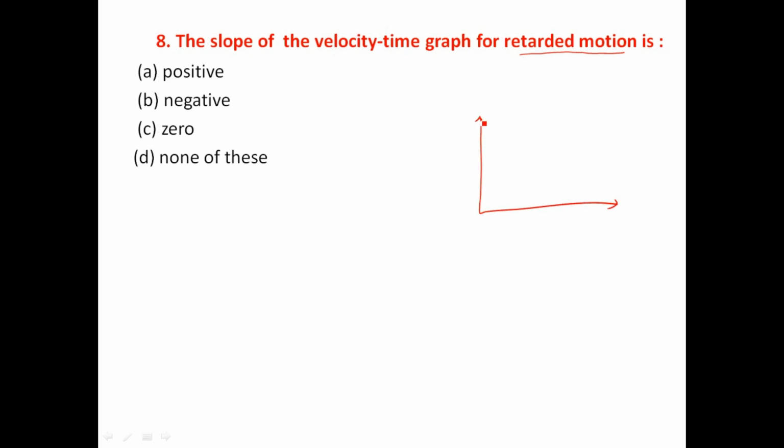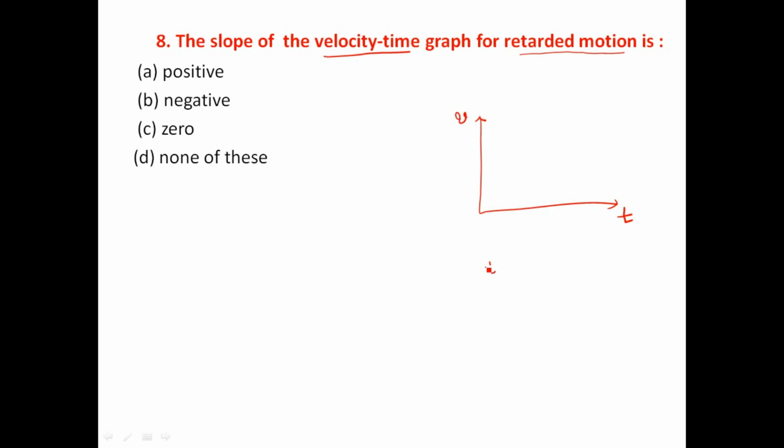So here we have a VT graph, that is velocity time graph, and it is told that the body is about to stop, which also means that acceleration is negative. The body is under retardation. How do you plot a VT graph for an object that is under retarded motion? It also means that the velocity of a body is decreasing.